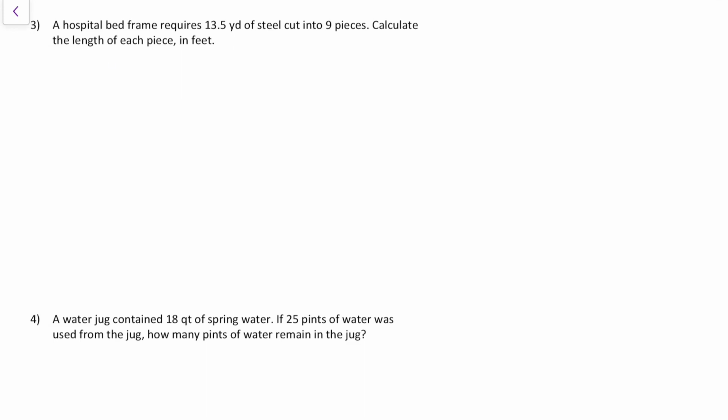So I'm going to do the calculation first. So I have 13.5 yards. I'm cutting it into 9 pieces, so I'm dividing by 9. And I get 1.5 yards per piece. And it wants my answer in feet. So I have to go from yards to feet.